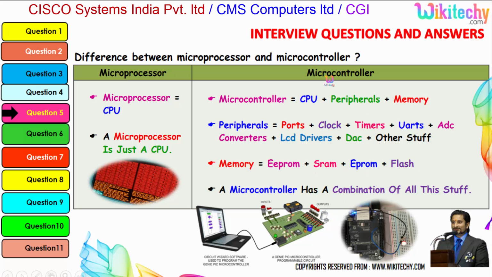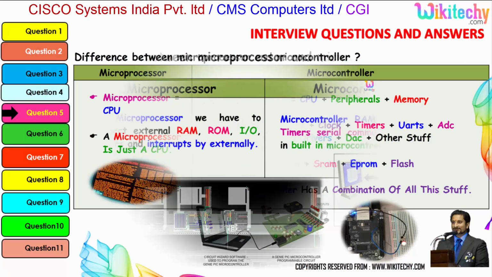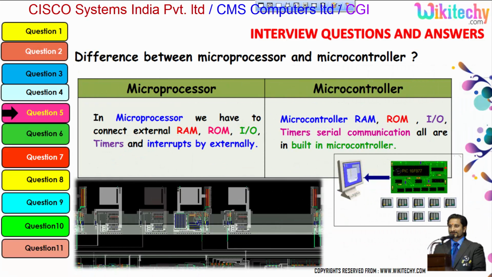In a microprocessor, we have external RAM, ROM, IO, timers and interrupts externally. Whereas in a microcontroller, RAM, ROM, IO, timer, serial communication, everything is inbuilt.